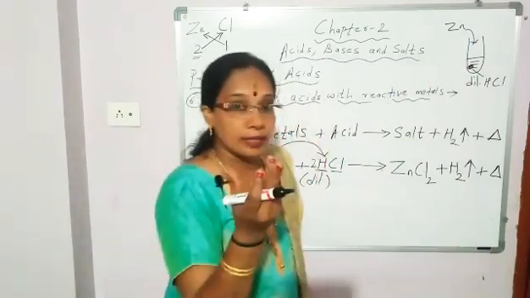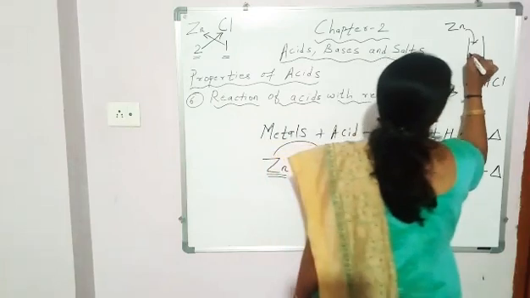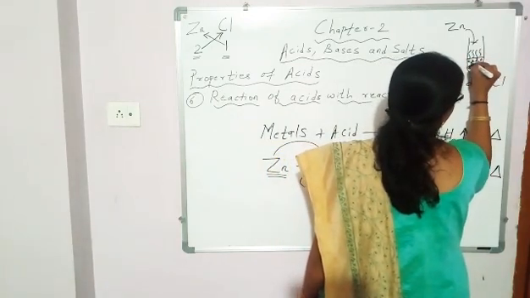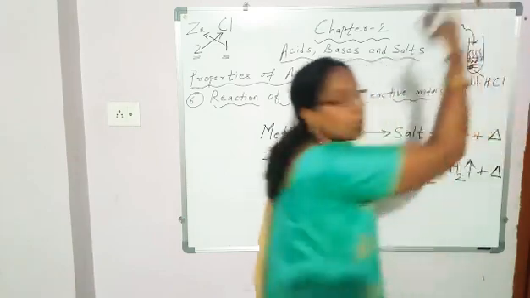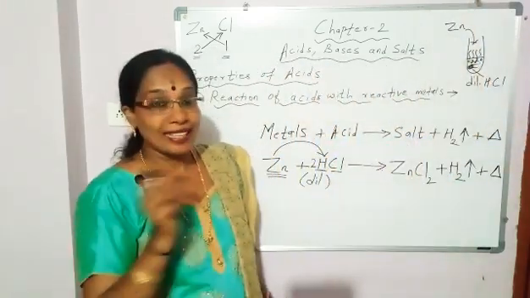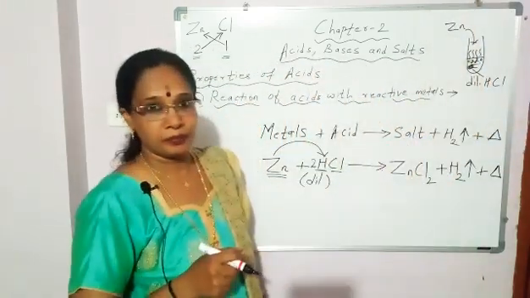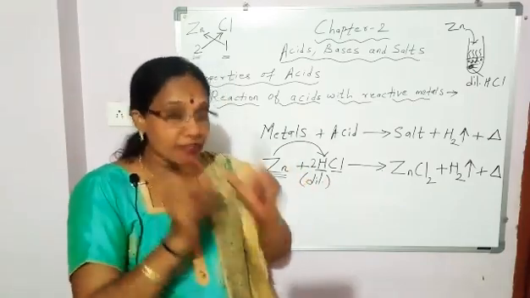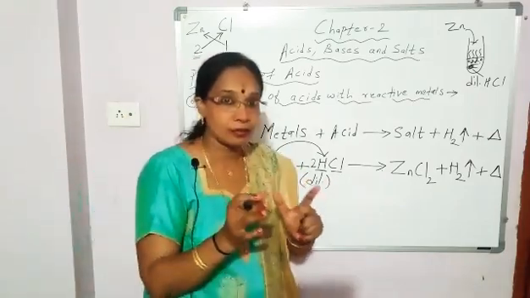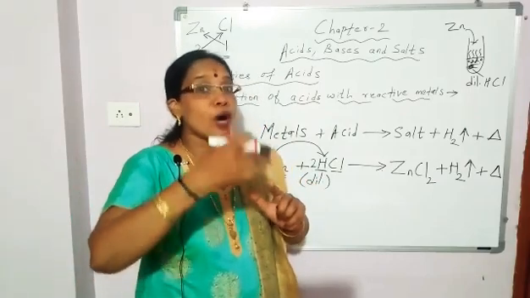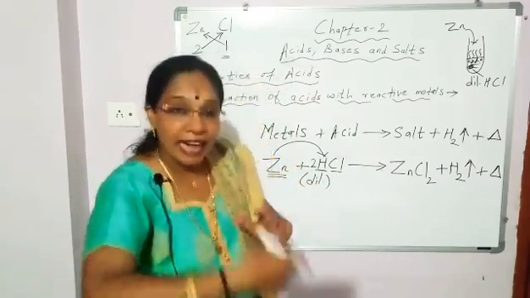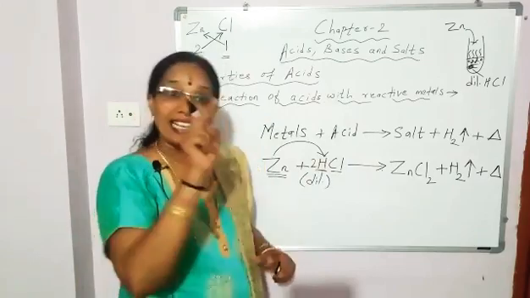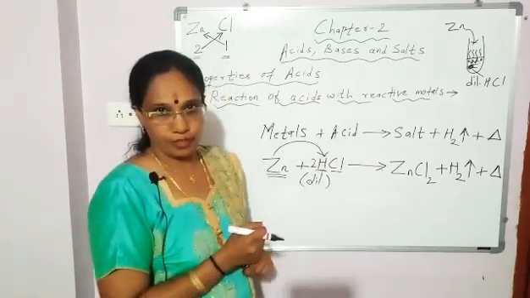And what you observe, some gas starts evolving. You see some bubbles here and some gas coming out. So what is the observation here? When zinc reacts with hydrochloric acid, whenever a reaction takes place, something which you are able to observe when the reaction continues, that is called observation or characteristics of that reaction.